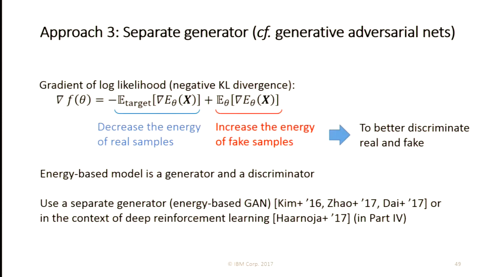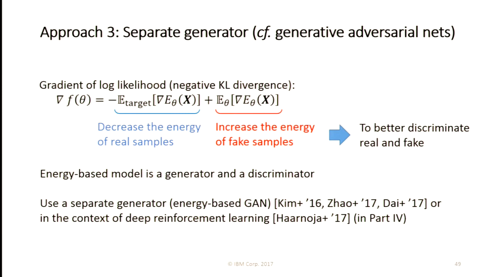Okay, so far I talked about the approach of changing your objective function, but a recent, interesting approach is using a separate generator in an energy-based model. This can be related to generative adversarial networks, which have been popular recently. If you look at the gradient of the log likelihood of the energy-based model, which looks like this, the first term tries to decrease the energy of samples from the target distribution, which can be seen as your real samples.